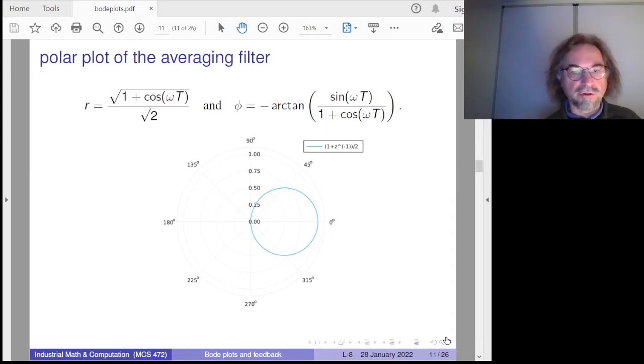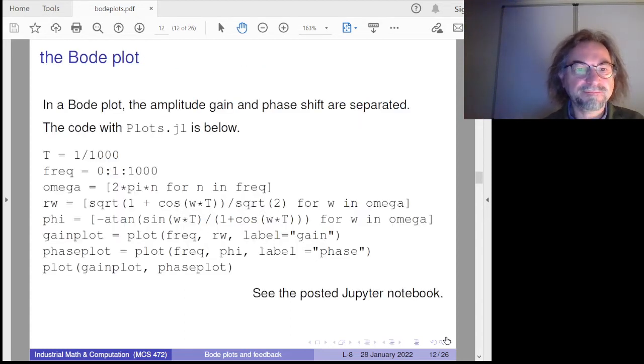On the circle, the amplitude is going to range from 0 to 1 and then back to 0 again, depending on the n. If I would stop here with the plotting, it would be kind of anticlimactic. How is that revealing?